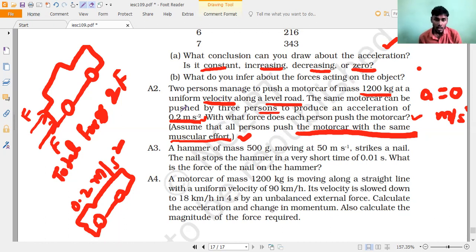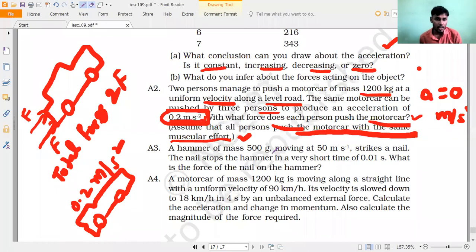Now, if three persons push the same car with equal force, they create an acceleration of 0.2 meter per second squared. Then they ask what force each person pushes the motor car with.